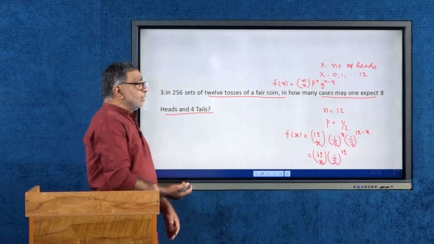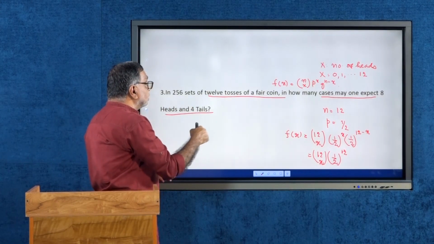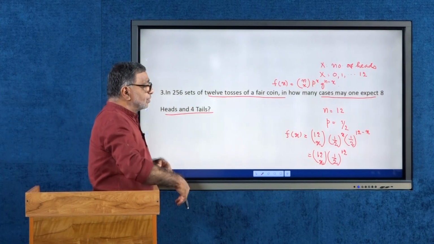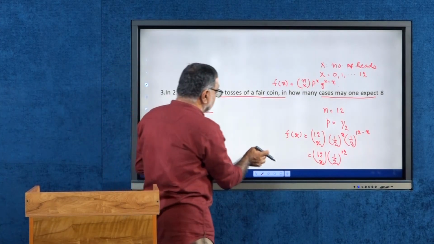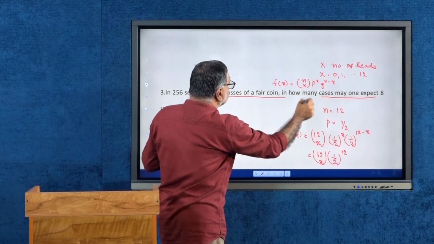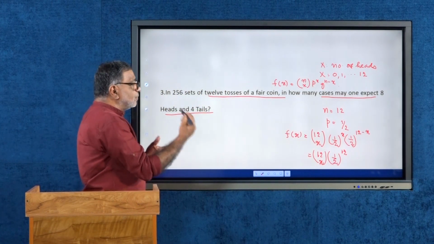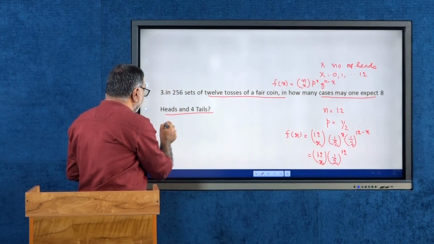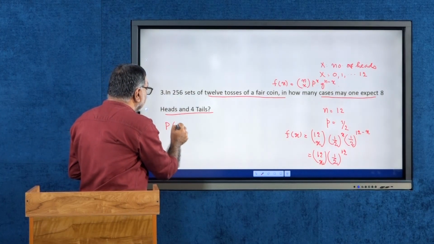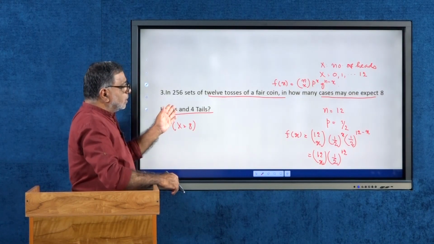Our question is, in 256 sets of such experiments, in how many cases does one expect 8 heads and 4 tails. In that situation, first you find the probability of x is equal to 8 heads and 4 tails.